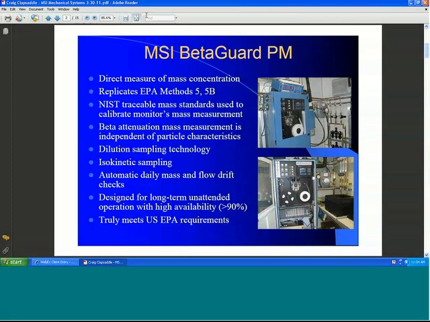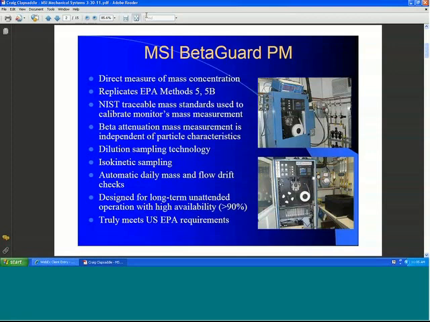Then there are a series of switches that turns the instrument into run and standby. The operator can put the instrument in maintenance right from the instrument. Beside the switches, you see some pressure and vacuum digital readout gauges. Just below that top swing panel there in the center is the beta gauge portion of the BetaGuard PM.